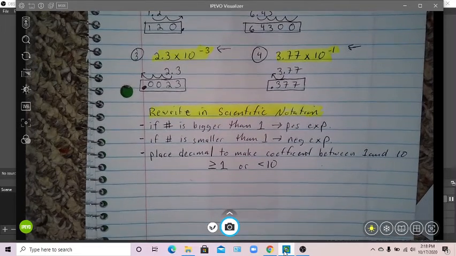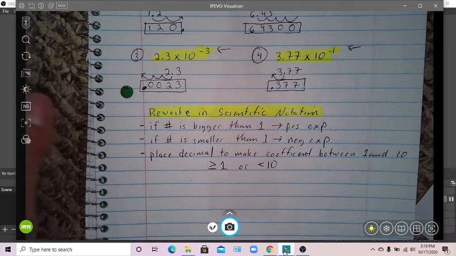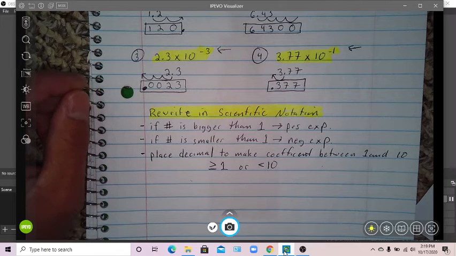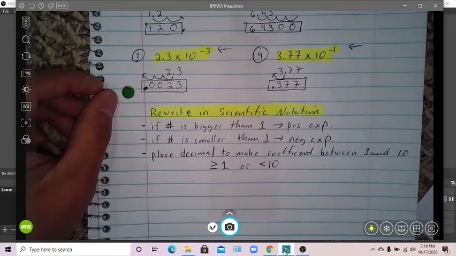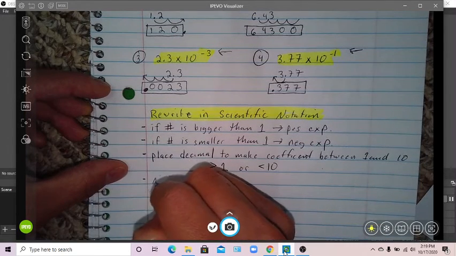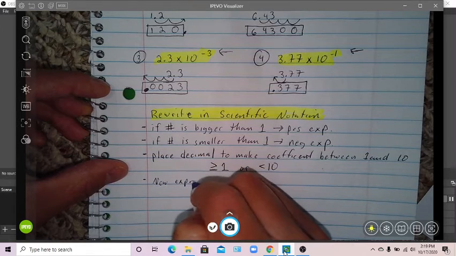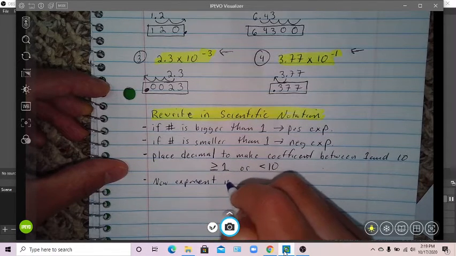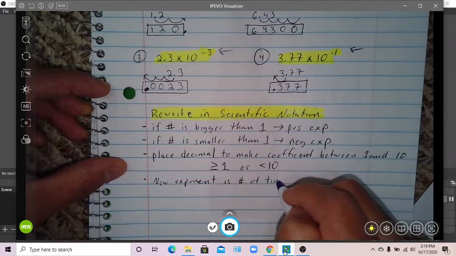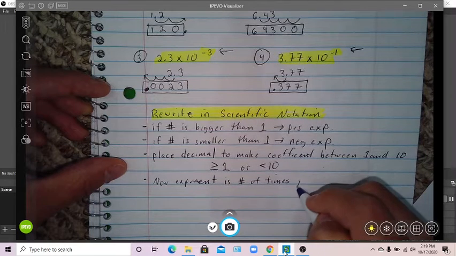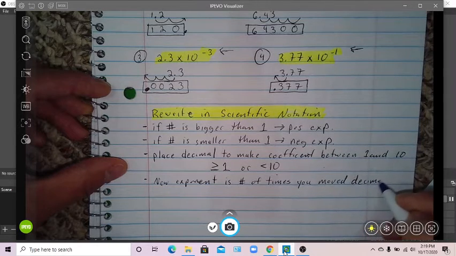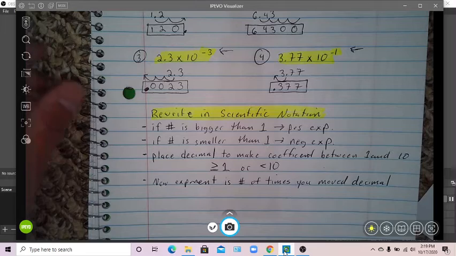And the last thing is that the new exponent is the number of times you move the decimal, or the number of places.